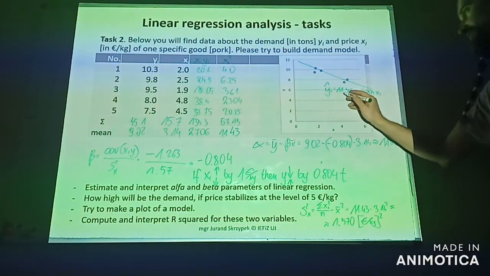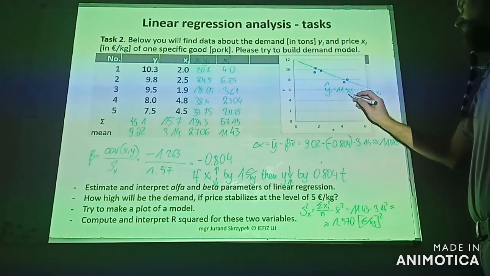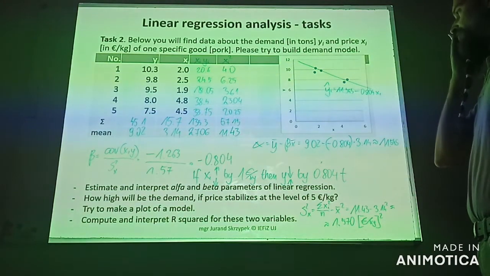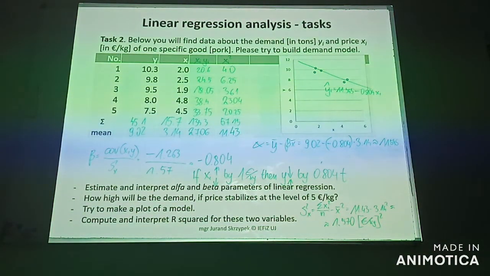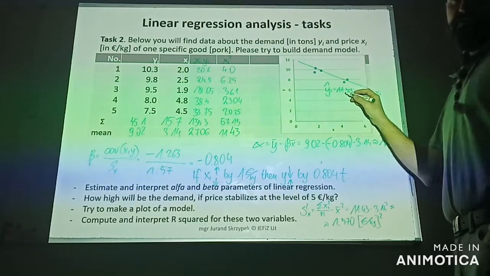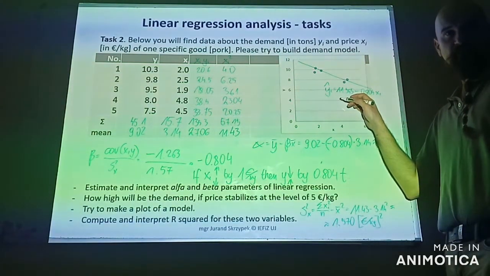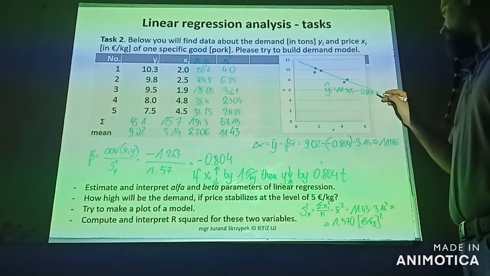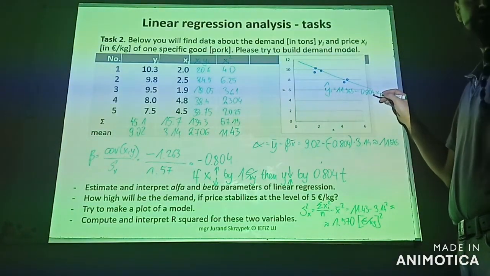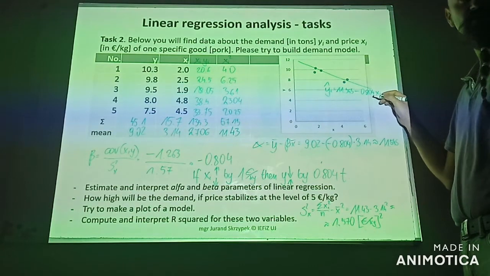How about the interpretation of alpha? This is the level of the demand in the situation when pork price is 0.